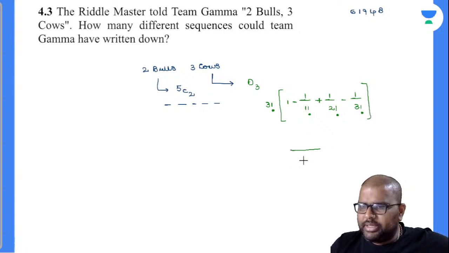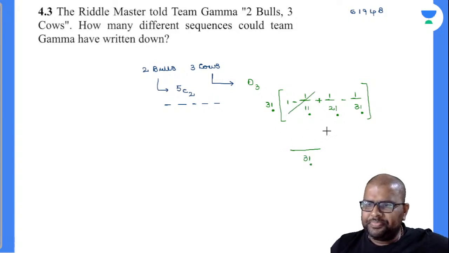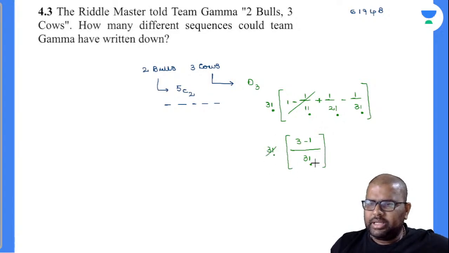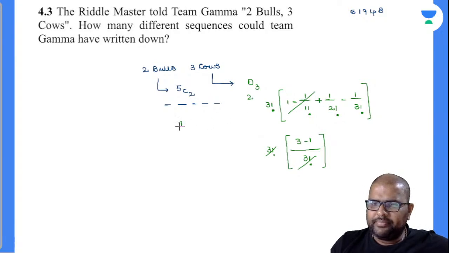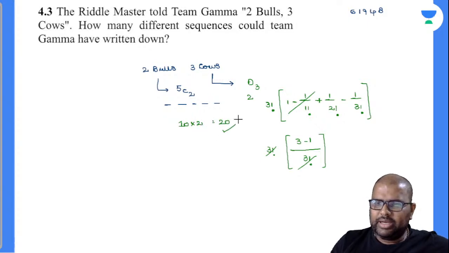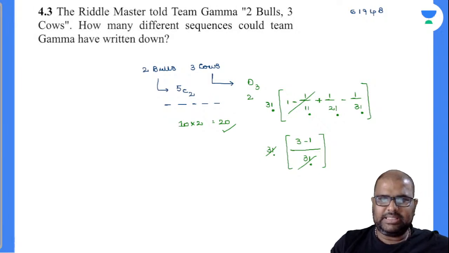So your LCM is 3 factorial. This and this get cancelled down. So see, 6 by 2, is it 3 minus 1, 3 factorial. Automatically your answer is 2. So 5C2 value is 10, D3 value is 2, then my answer will be 20. How many sequences will you get there? 20 sequences. Am I right or wrong?